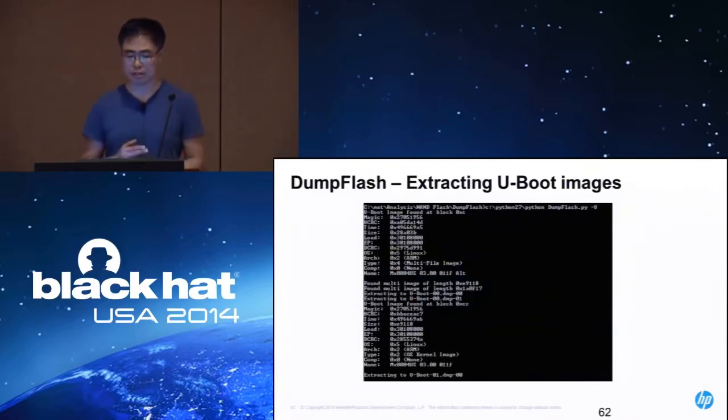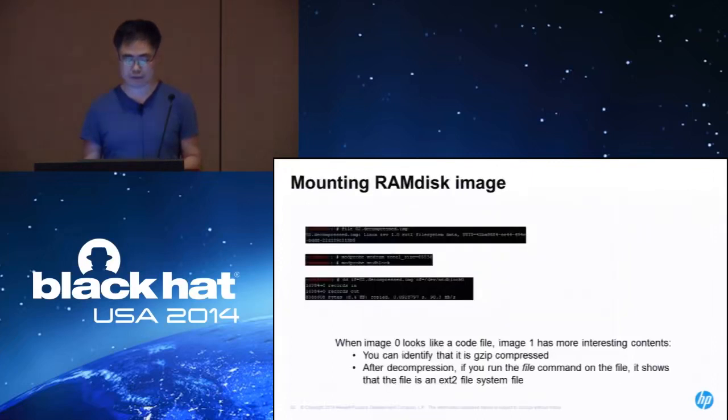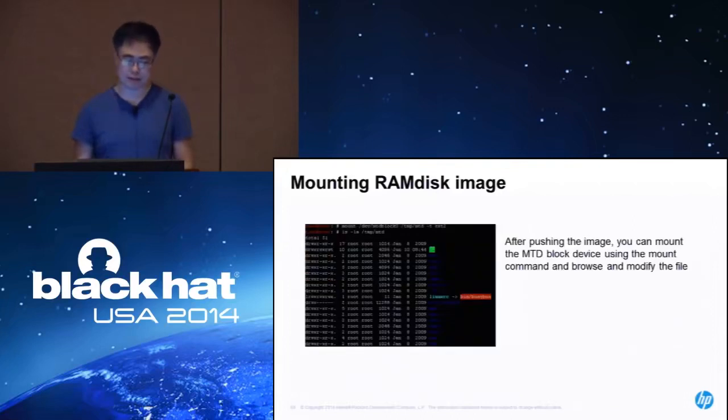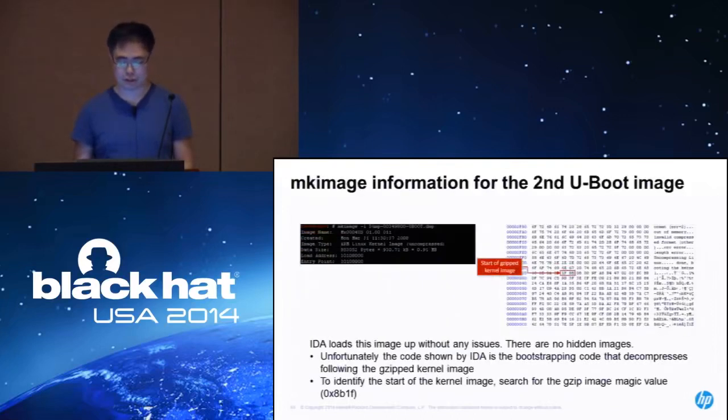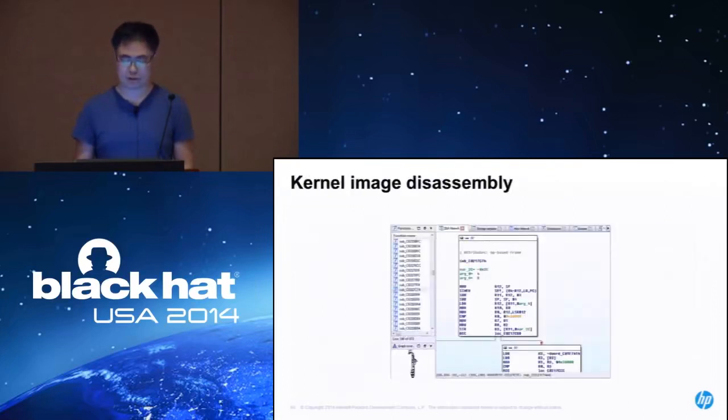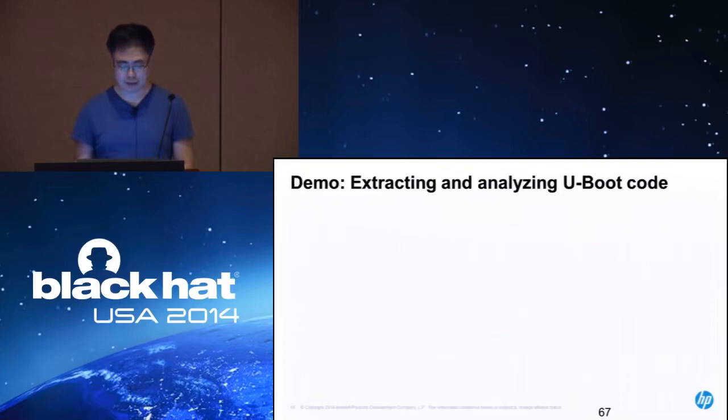It will dump out the inside U-Boot images, and it will save each image to a file. So one of the images was a RAM disk, and you can just mount it from a Linux machine. And this one is actually the Linux kernel. And kernel images, you can load from IDA.